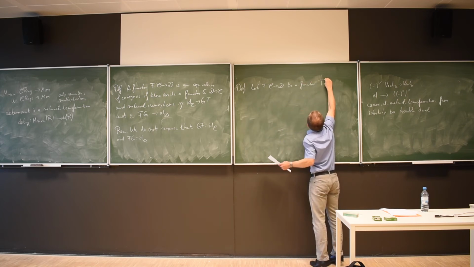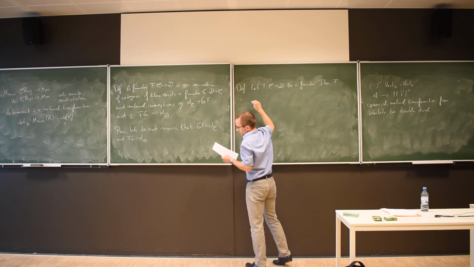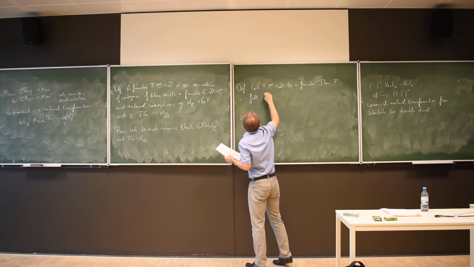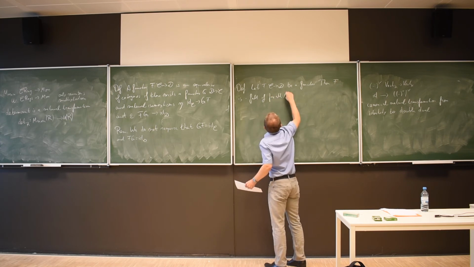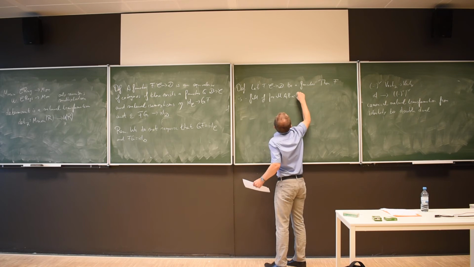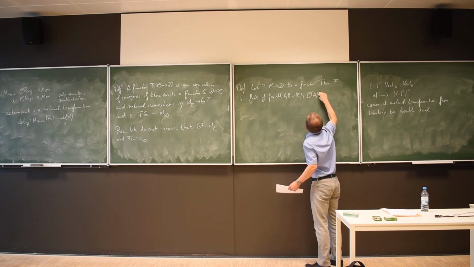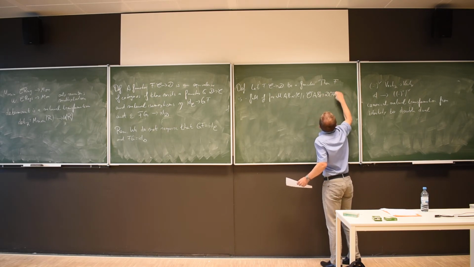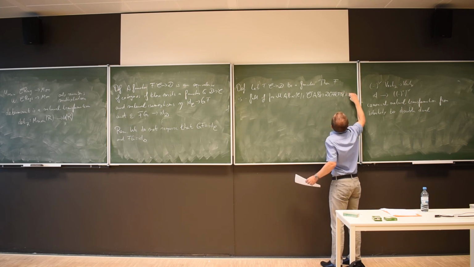Then we say the following: F is said to be full if the induced maps, so for all objects A, B in C, the induced map on morphism sets from C(A, B) to D(F(A), F(B)) is surjective.